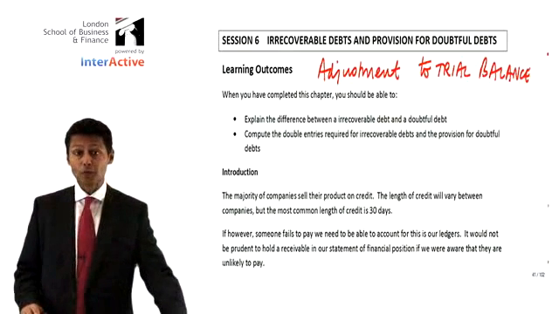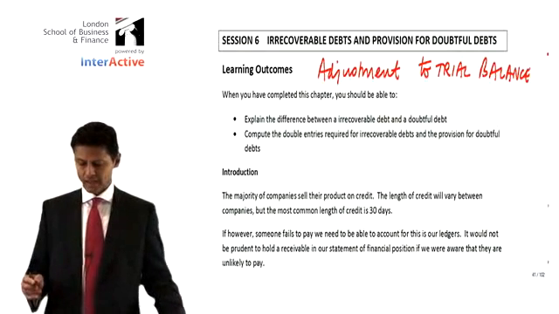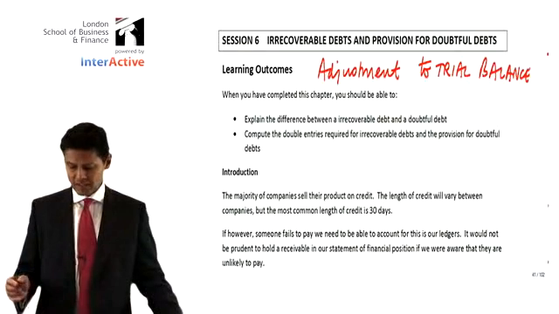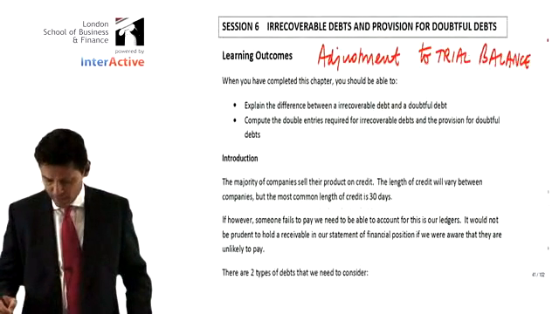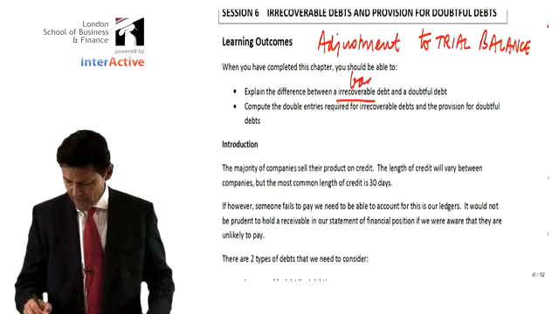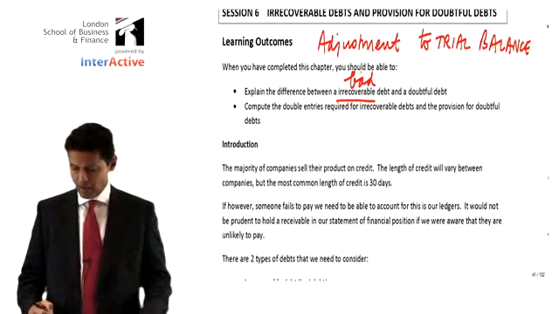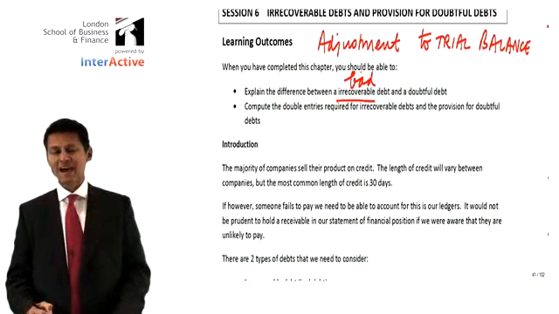So let's give that a quick read, just to get familiar with the general scene. You should be able to explain the difference between an irrecoverable and a doubtful debt. So near the word irrecoverable, I'd like you please to say bad. Bad or irrecoverable. A doubtful, of course, is something that's nearly bad.